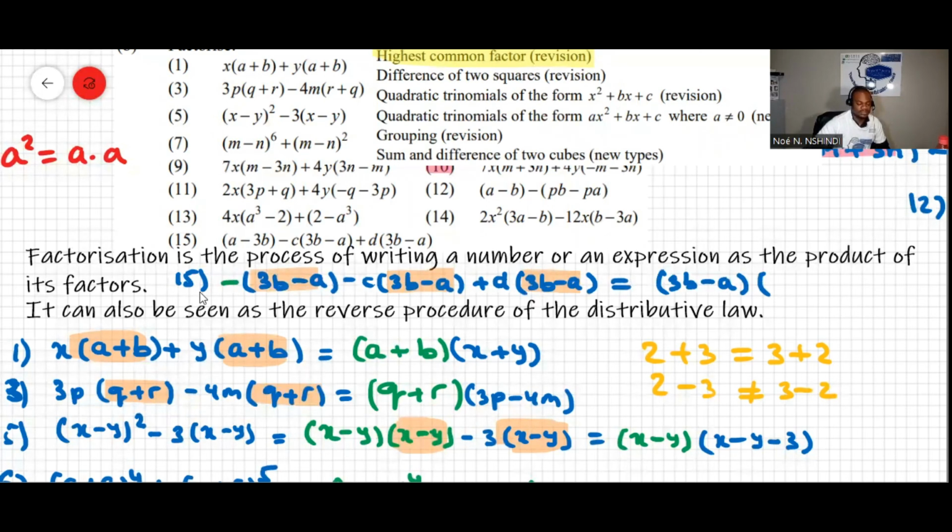I don't want to start by writing negative 1 here, because remember, it's actually a negative 1 that is beyond the bracket. So I prefer to start with a positive variable. So d minus c minus 1, the positive variable first, and then d minus c minus 1. Thank you.